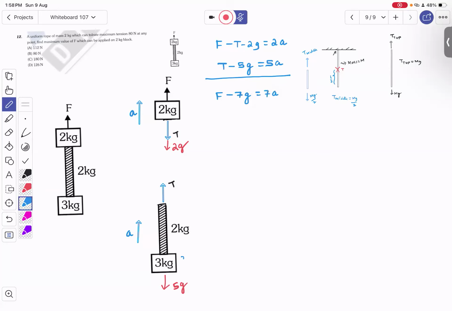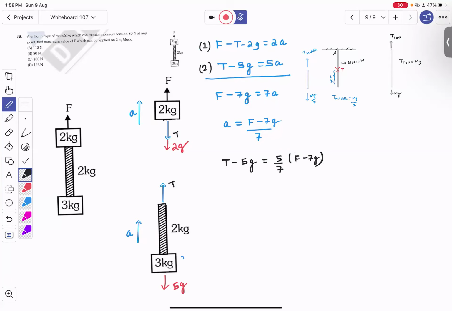So a will be equal to (F minus 7g) by 7. After that, we use this value of a in either equation, maybe equation number 2. So we get T minus 5g is equal to 5 by 7 into (F minus 7g).